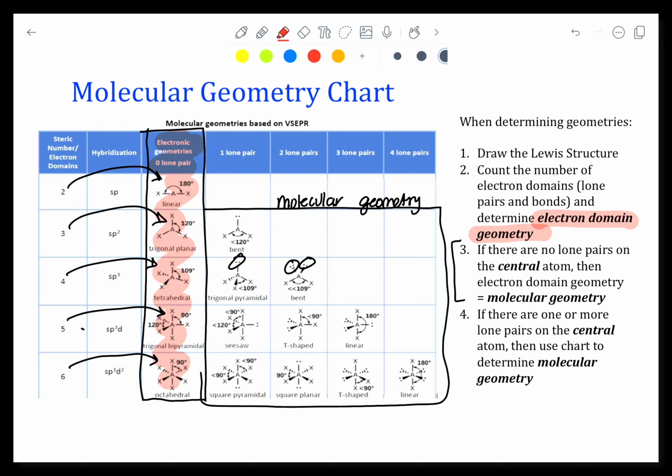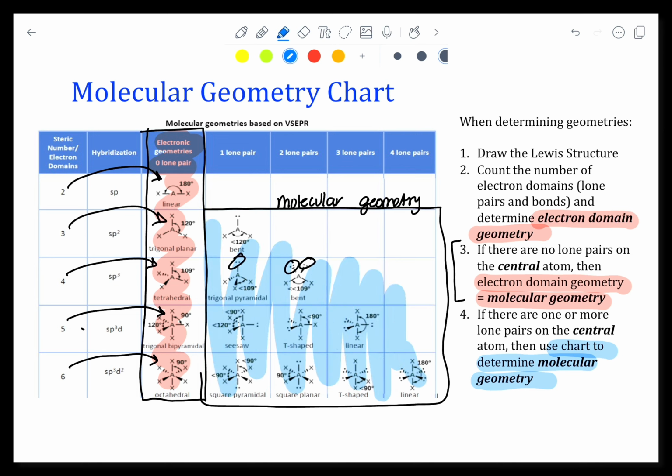That's our step 1. If there are no lone pairs on the central atom, then the electron domain geometry is going to equal our molecular geometry. They will be the same. But if there are one or more lone pairs on the central atom, then you have to use the chart to find the molecular geometry. That's all here for step 4.